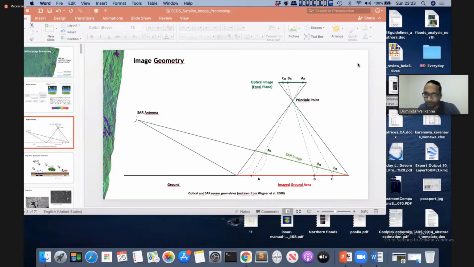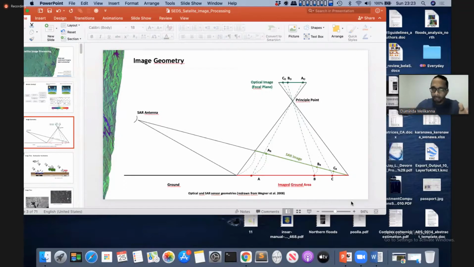For now, just the understanding: this look angle and the incidence angle are used to convert the slant range into ground range. When you convert it into the ground range, what happens is that along the slant range, if there are 2 buildings, we cannot measure the distance. But if we convert it into ground range, then from this building to the other building, we can measure the distance.